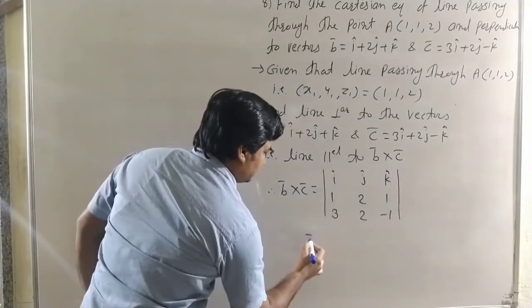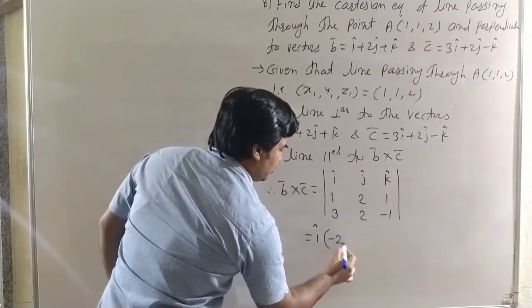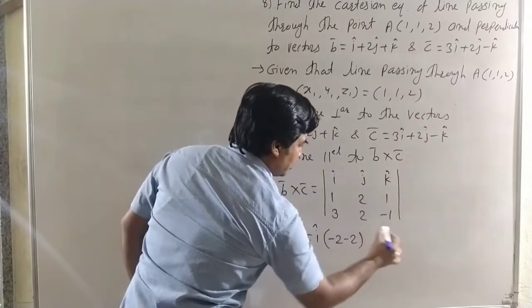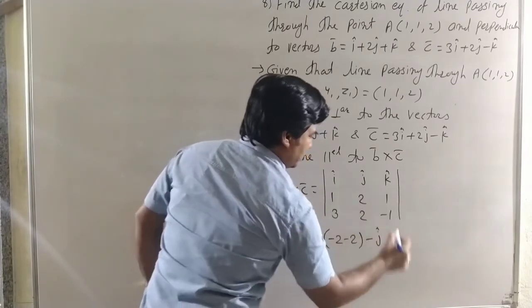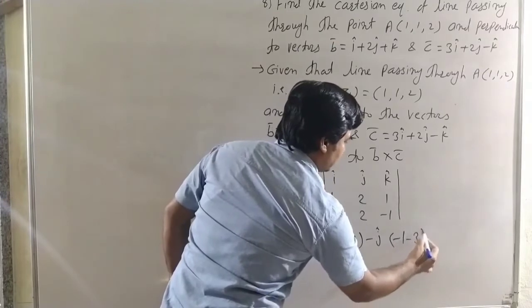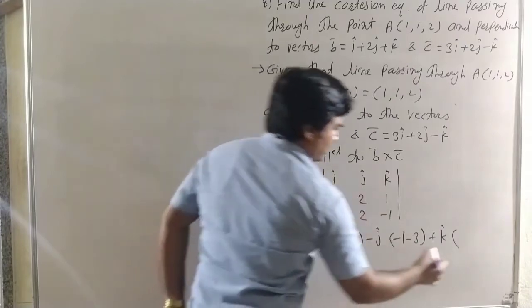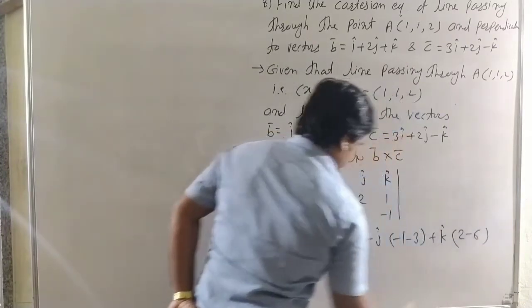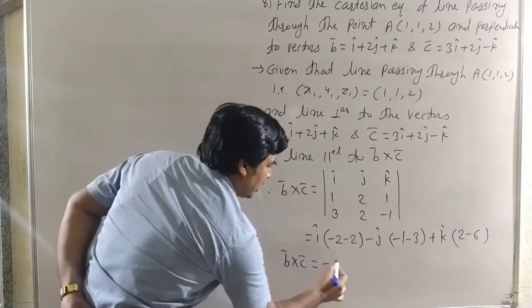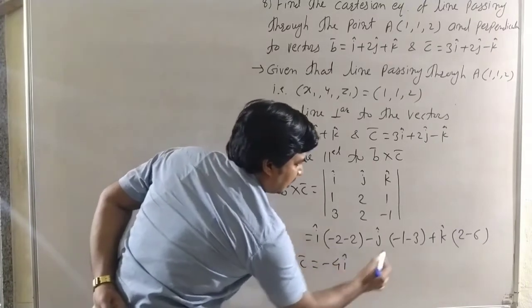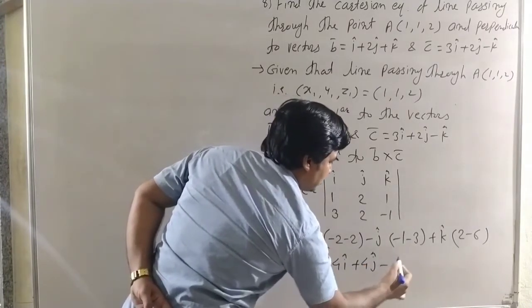So it is i cap into minus 2 minus 2, minus j cap into minus 1 minus 3, plus k cap into 2 minus 6. Therefore B bar cross C bar is equal to minus 4 i cap plus 4 j cap minus 4 k cap.